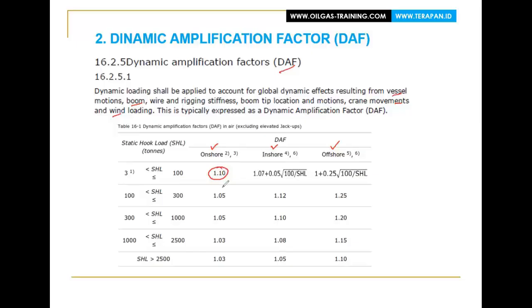But if it is lifted in an offshore area, for example 50 tons, we put the number in this formula, we enter 50 as SHL. And we get a DAF factor of 1.35, which we should implement.